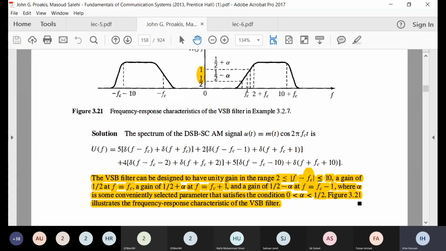So I choose a slope alpha for this line. So fc is here. The frequency will be fc plus 1, and this frequency will be fc minus 1, which is being passed.